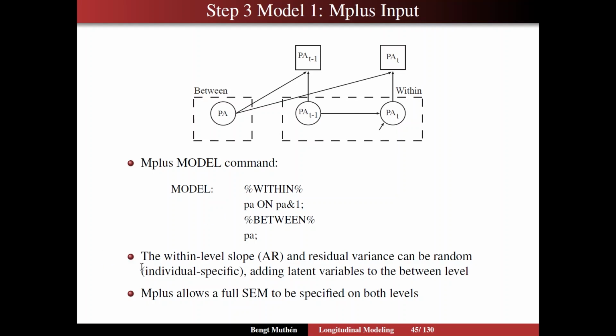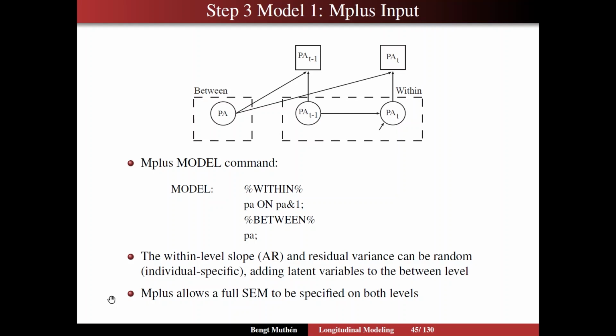Now the within level slope, this one that we call beta in the previous slide, that's the autoregressive feature, as well as the residual variance, can be random, that is individual specific, varying across people. And that would then add latent variables to the between level. This is what varies across people. And note that Mplus is much more general than what it looks like here.